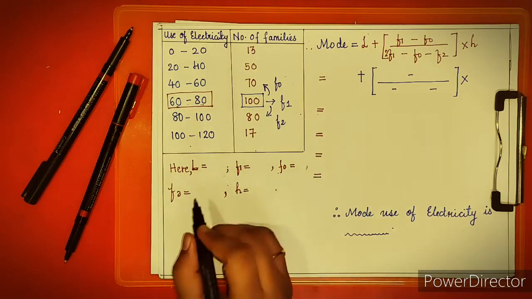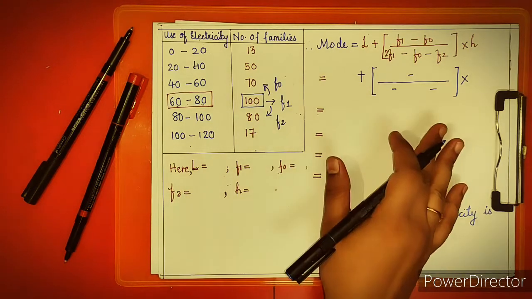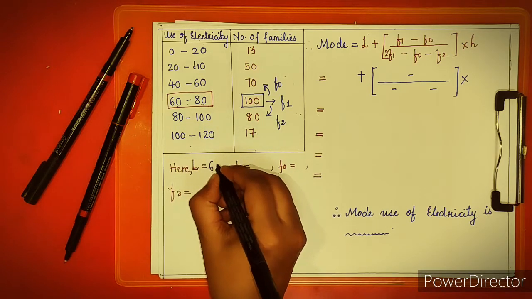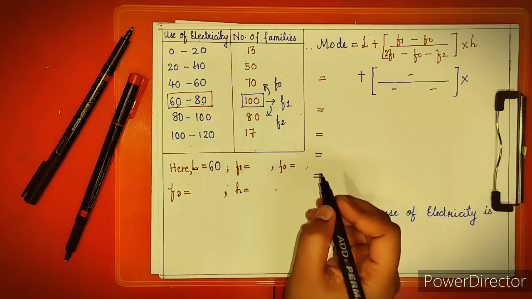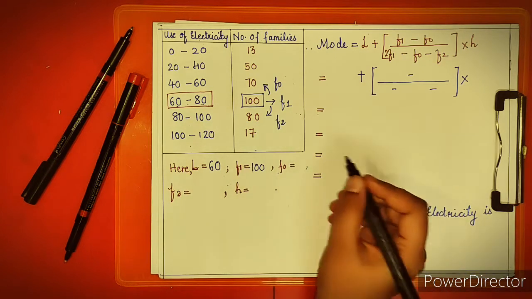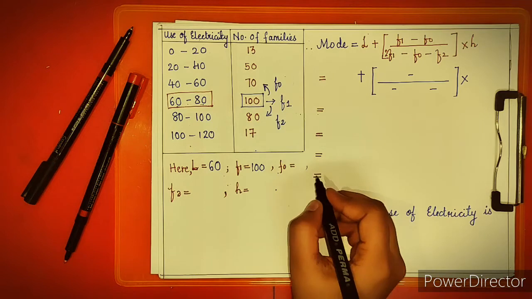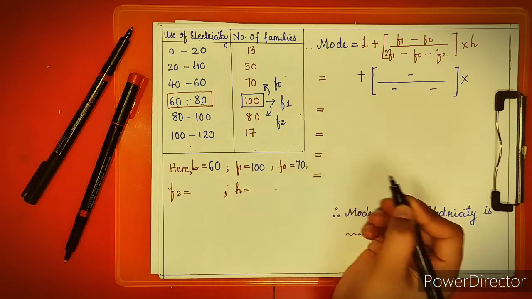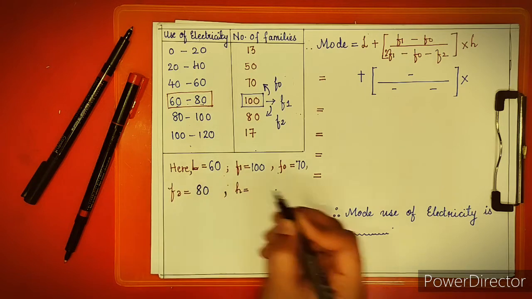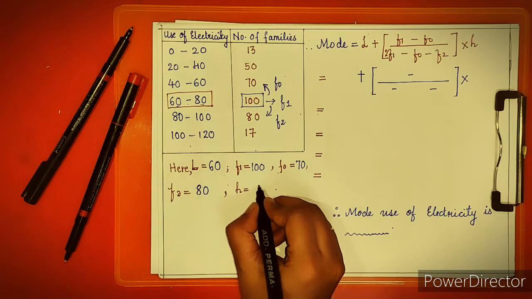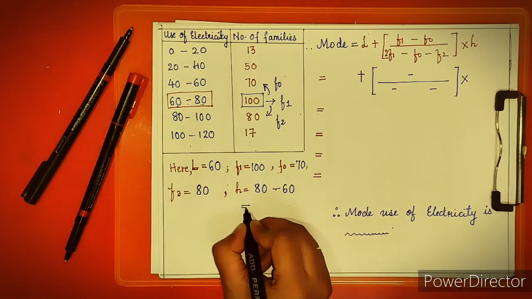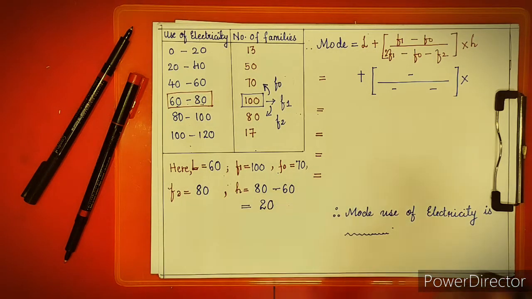So let us substitute all the values first before we put them in the formula. Your lower limit of the modal class is 60. The frequency of the modal class is 100. The frequency preceding the modal class is 70 and the frequency succeeding the modal class is 80, and the class interval, that is upper limit minus lower limit, 80 minus 60, gives you 20.